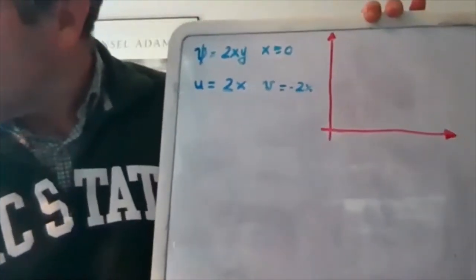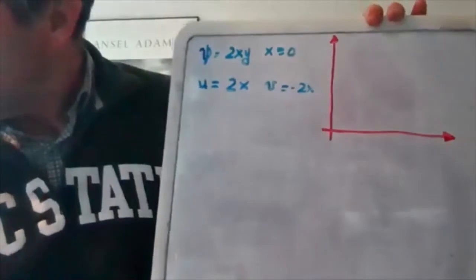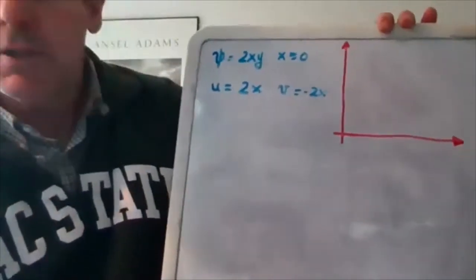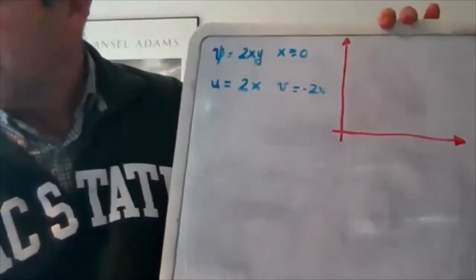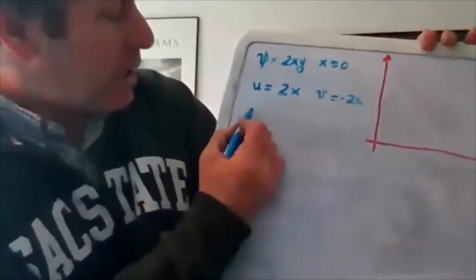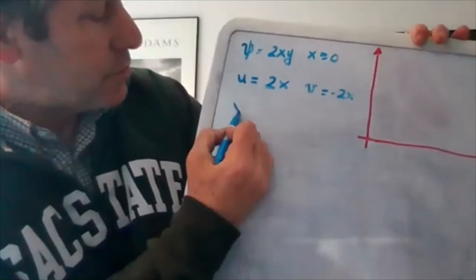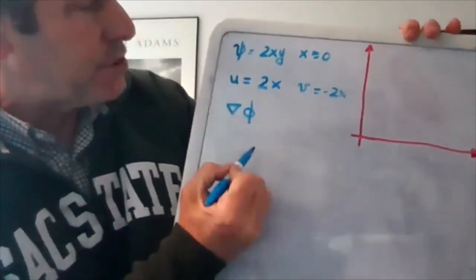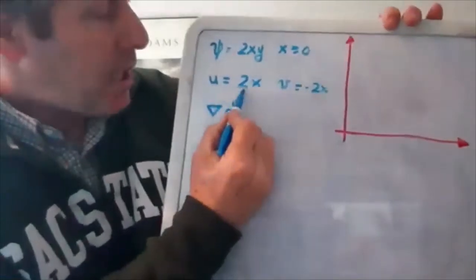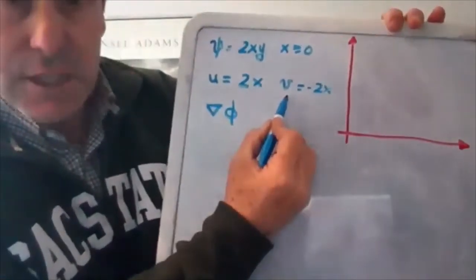The next thing that we wanted to do on this example is see if we can come up with a stream function. So taking a look at that and looking at your information, the velocity vector, just a quick reminder, is the gradient of the velocity potential function. I'm sorry, I think I misspoke. I said we want to come up with the velocity potential function.